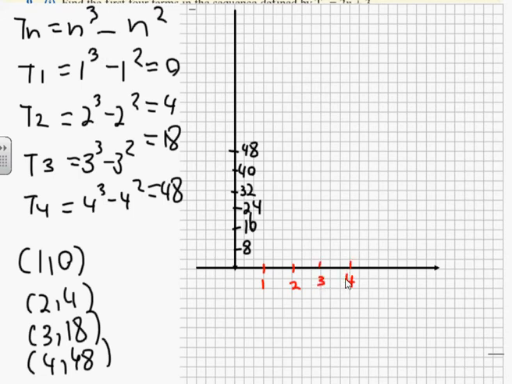Do you notice that it doesn't have to be the same spacing on each axis? I chose each block to be worth 4 on this axis, because 2 blocks is worth 8, therefore 1 block is worth 4. Then on this line here, 3 blocks are worth 1.